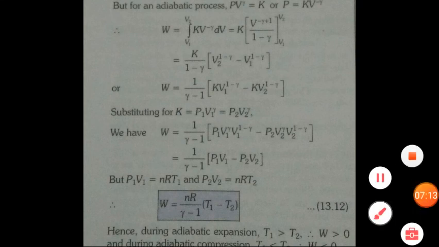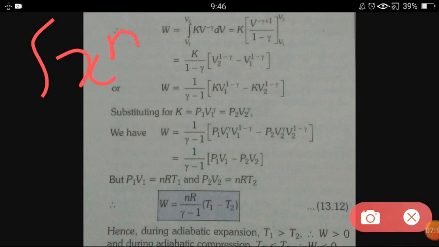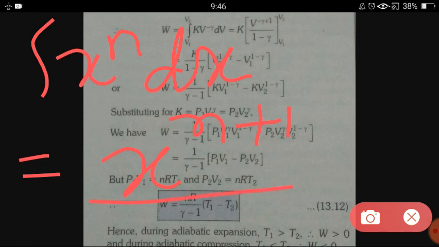Let me explain. If we are integrating x to the power n with respect to x, then we have the formula x to the power n plus 1 upon n plus 1. This is the general equation for integration.